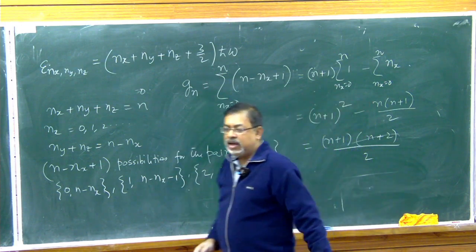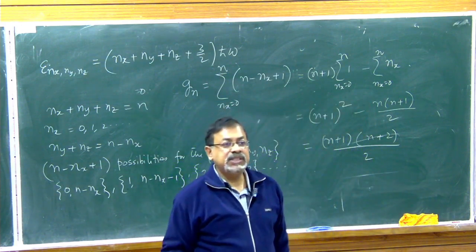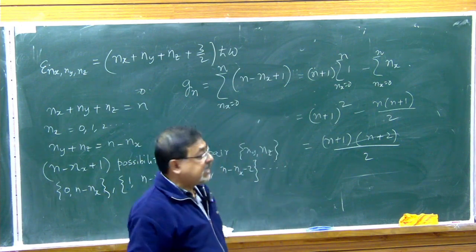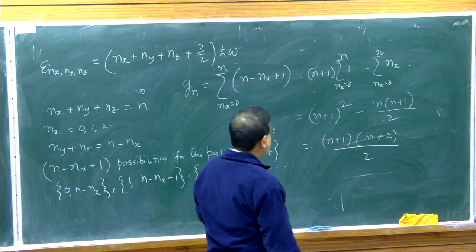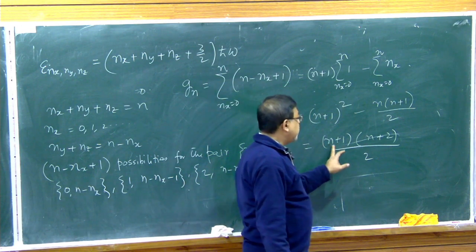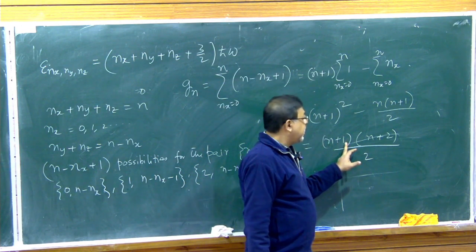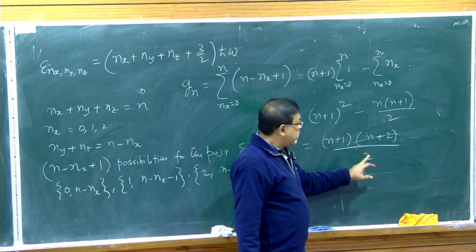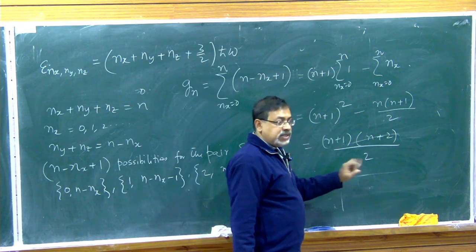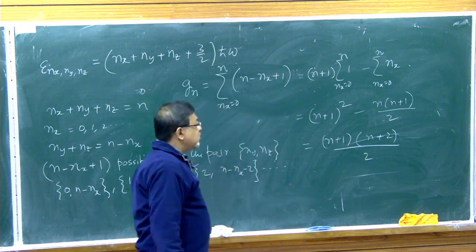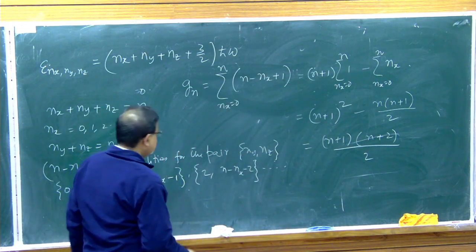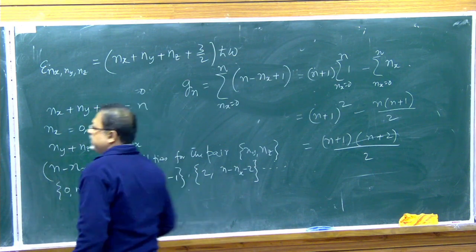If you want to know the degeneracy for n equal to 2, that's the second excited state, it will be 2 plus 1, that's 3, 3 into 4, that's 12, divided by 2, which is 6.